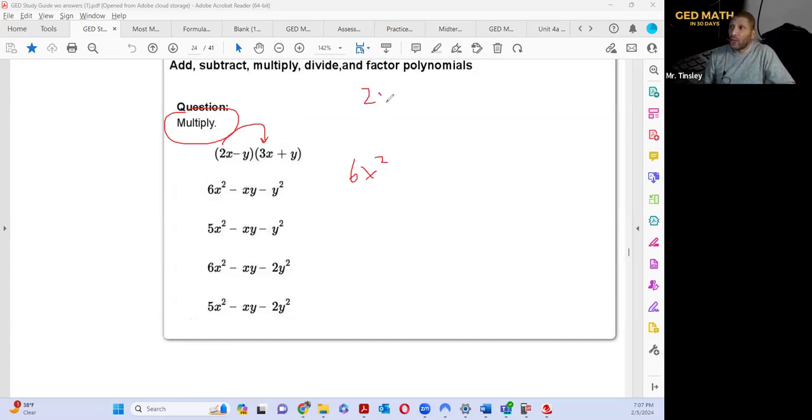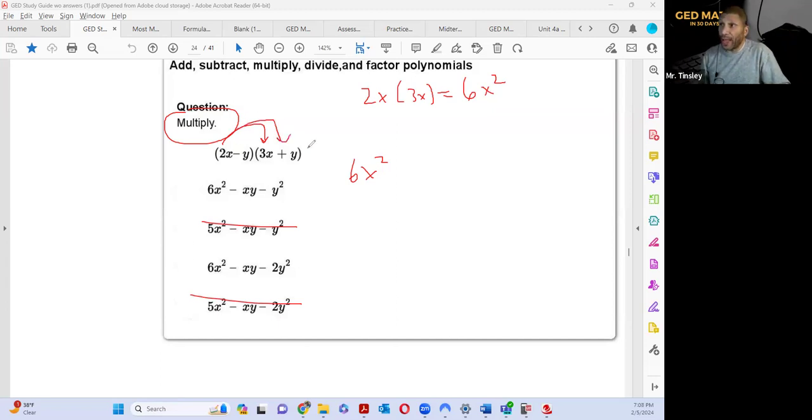How do I know? Because I got to understand the exponent rules. If I don't know the exponent rules, I can't multiply binomials. I got to know 2 times 3 is 6, but x times x is x squared. So 6x squared, that means I can get rid of this one. I can get rid of this one already.